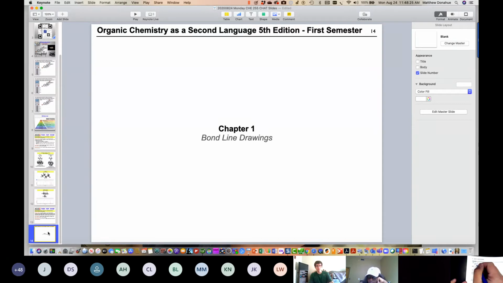What about this? Let's go around clockwise. What about that carbon? How many hydrogens are bonded to that carbon? So it is 1.